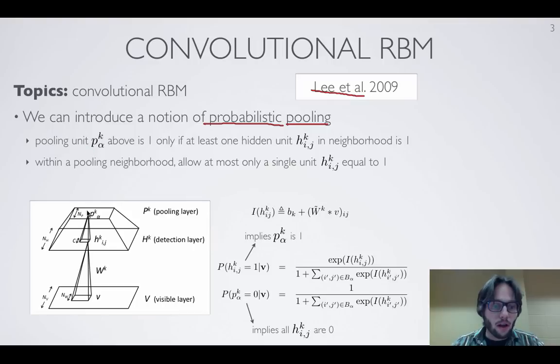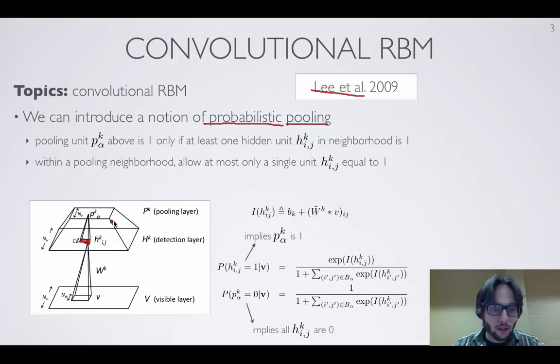We have a unit, say here, which is in some feature map layer, and it's locally connected within just a receptive field within the visible layer, and that unit belongs to a local neighborhood where there will be other hidden units within the filter map.